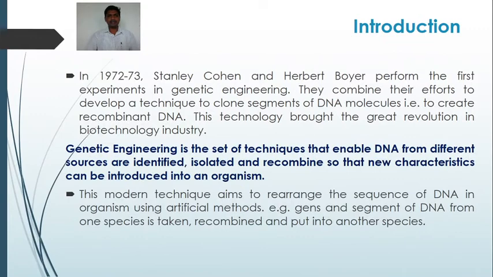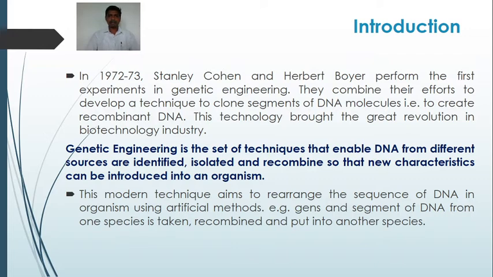In 1972-1973, Stanley Cohen and Herbert Boyer performed the first experiments in genetic engineering. They combined their efforts to develop a technique to clone segments of DNA molecules, that is, to create recombinant DNA.